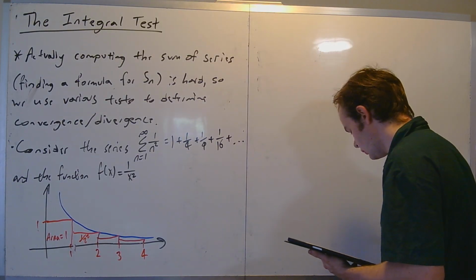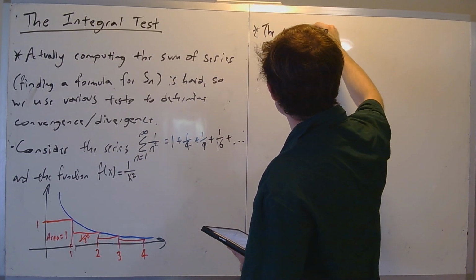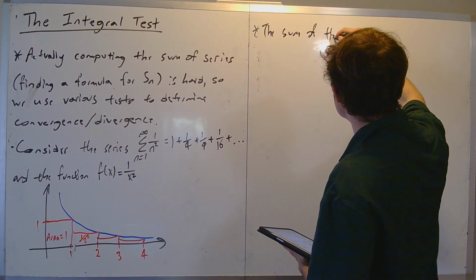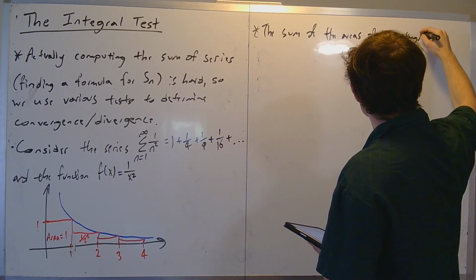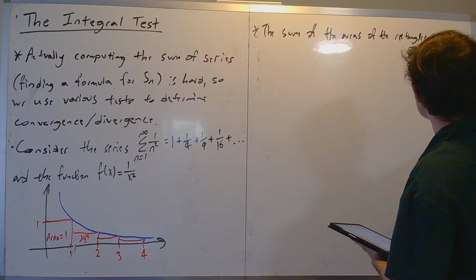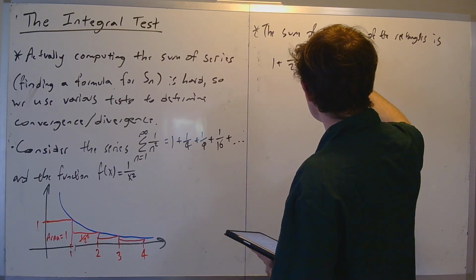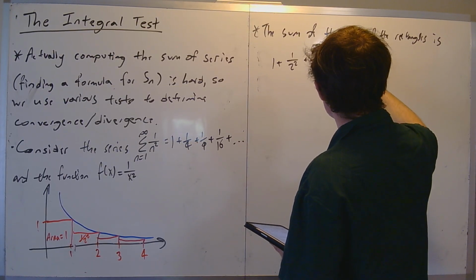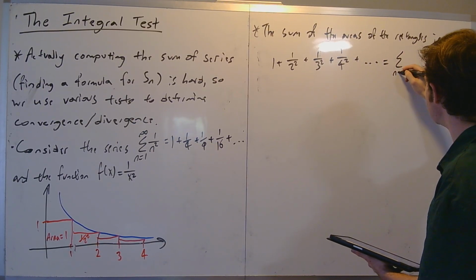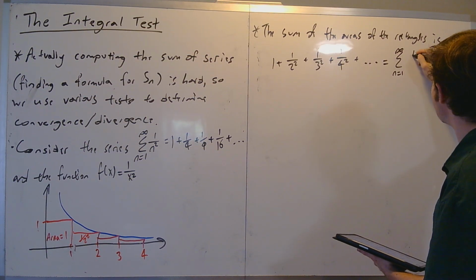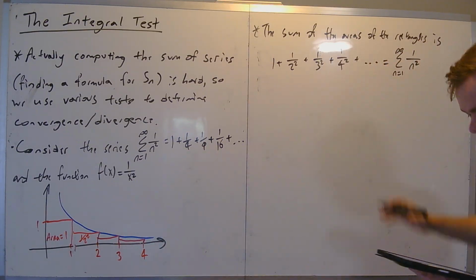So the sum of the areas of the rectangles, remember we have 1 plus 1 over 2 squared plus 1 over 3 squared plus 1 over 4 squared and so on, is equal to the sum from n equals 1 to infinity of 1 over n squared.